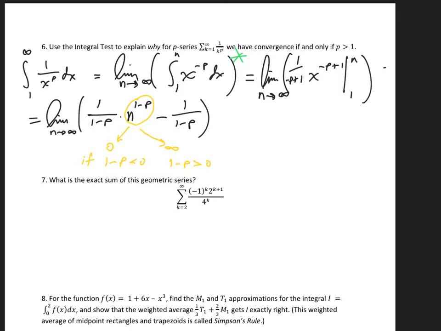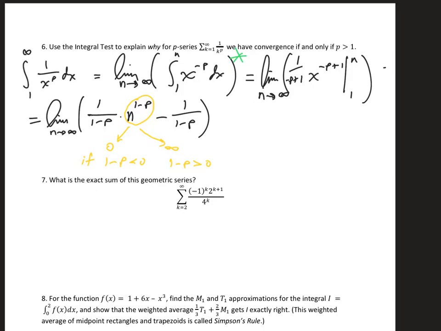So if you're raising n to a positive number power, then as n goes to infinity, that goes to infinity. And if you're raising n to a negative number power, then it goes to 0 as n goes to infinity. And so that's where we're getting the two cases for convergence.